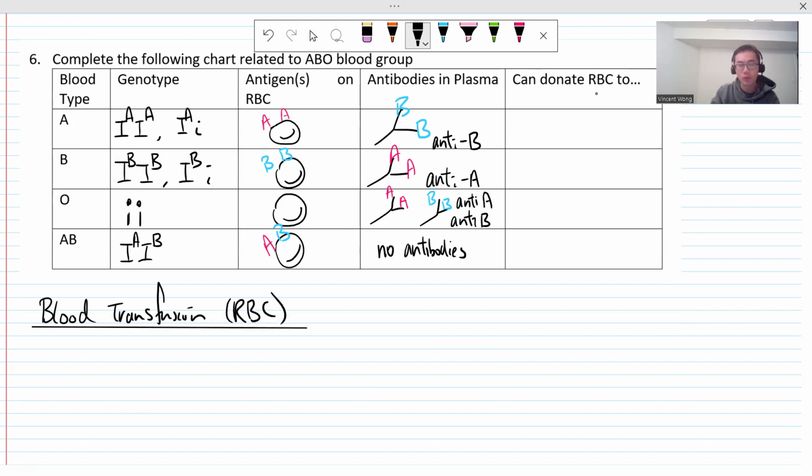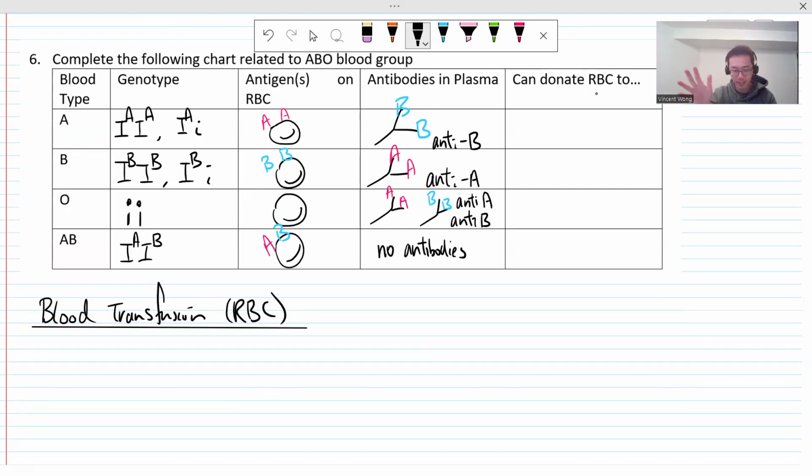Now, at the beginning, I told you we don't just transfuse whole blood. Whole blood means you take the blood out without separating it. You cannot give whole blood to another person directly. You have to separate the blood into different blood products: red cells, the hematocrit, and the plasma. The compatibility rules for red cells are different from the rules for plasma. In the past, when I taught both, people got super confused.